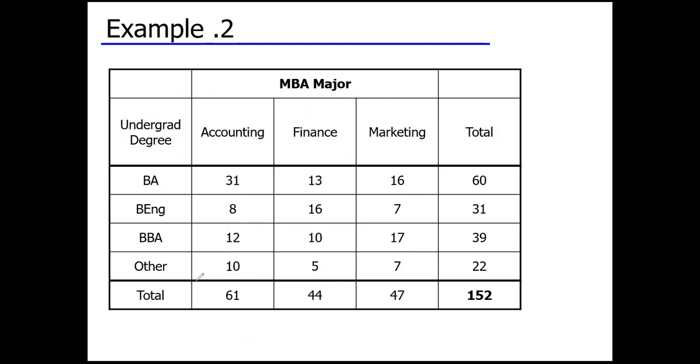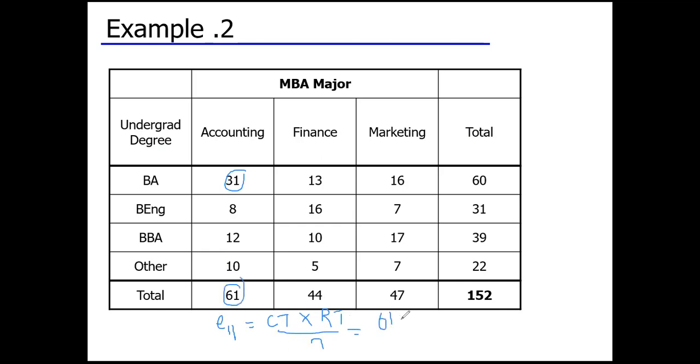So we have the expected value for row 1 and column 1. This 31 is in row 1, column 1. Remember the formula says we take the column total multiplied by the row total, multiplication is commutative, and you divide by N. What is the column total for this 31? 61.